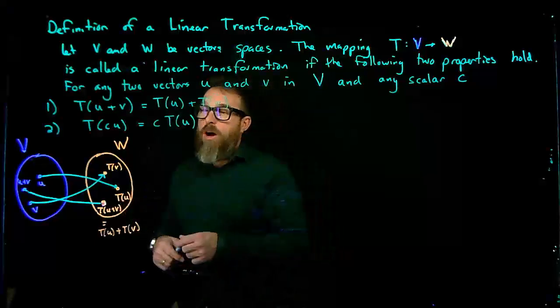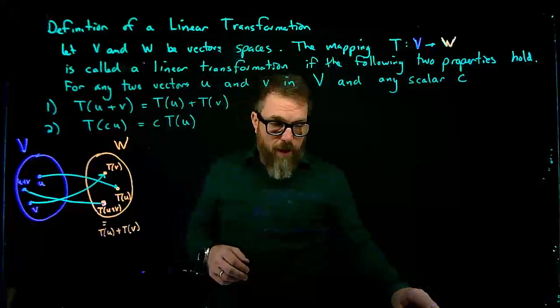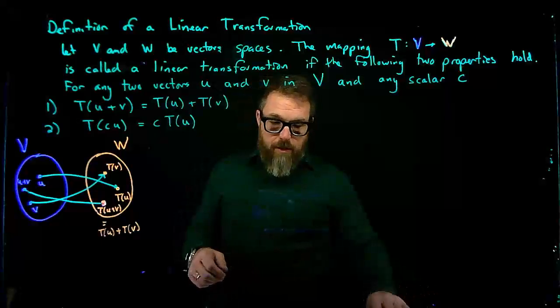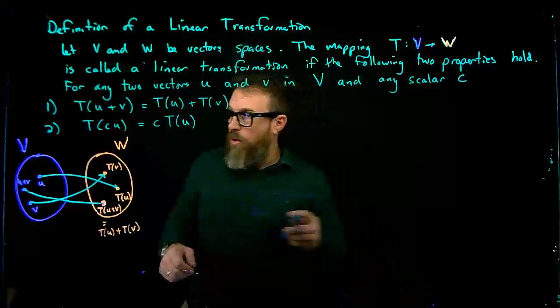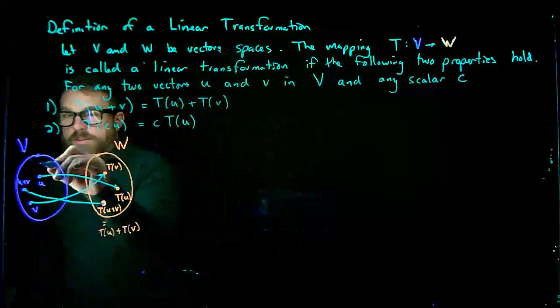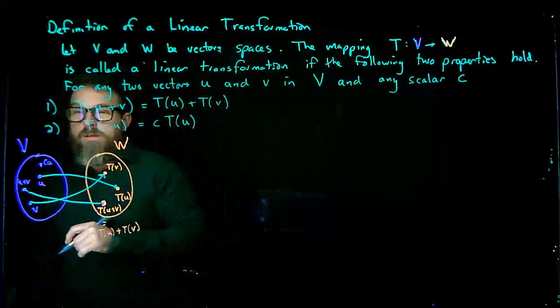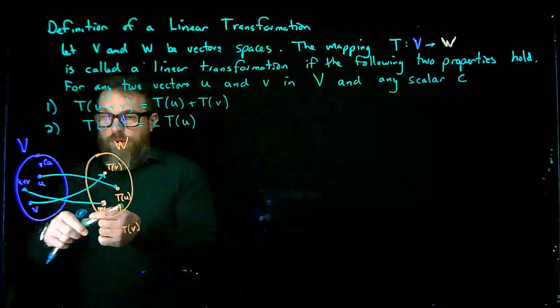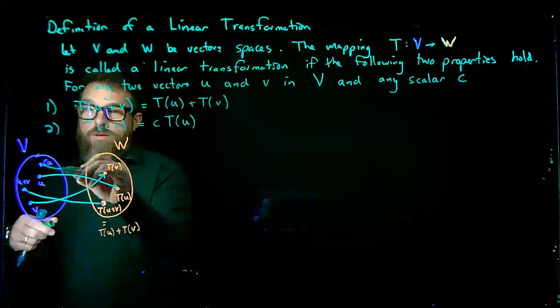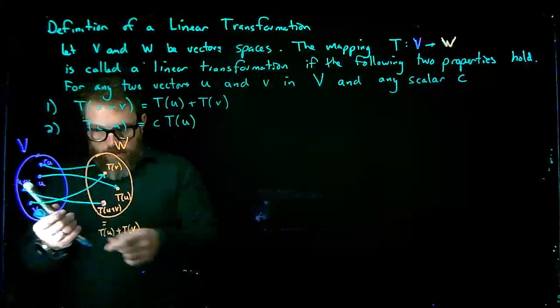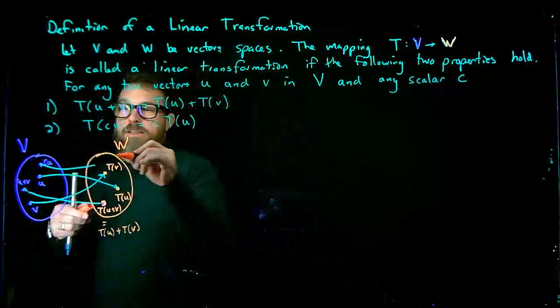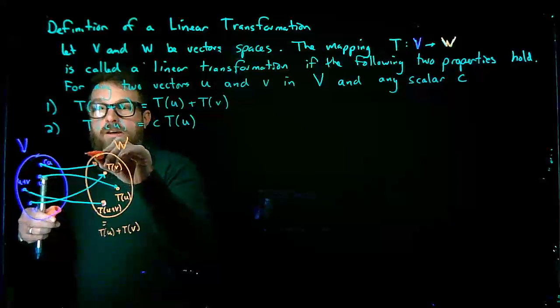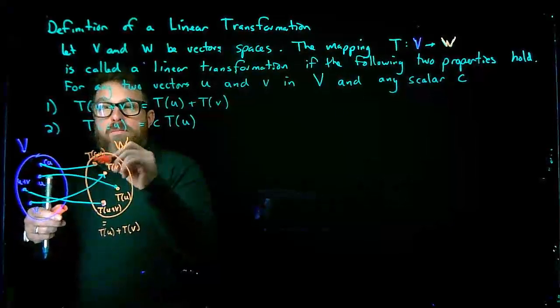Now, this property also holds for scalar multiplication. If I have a u, then I also have some c of u. Because it's a vector space, it's closed under scalar multiplication, which means I can transform this vector cu into, say, here. So this is going to be t of cu.